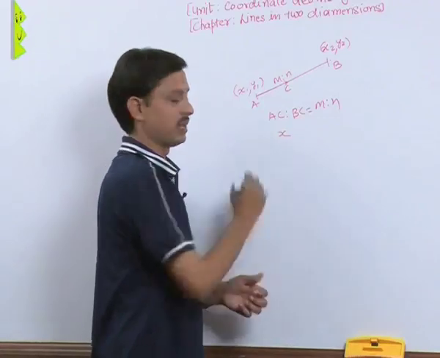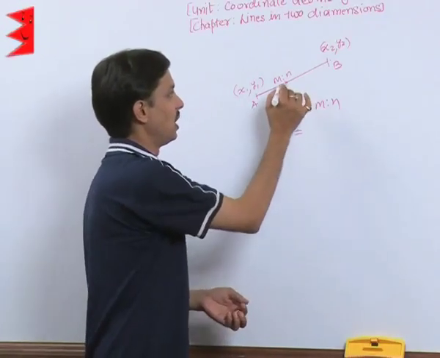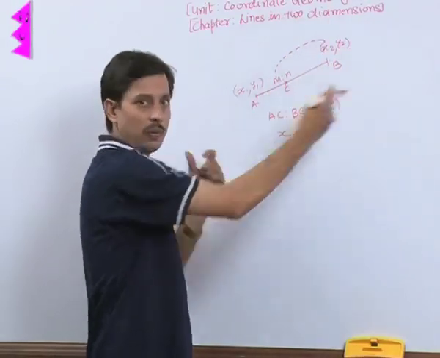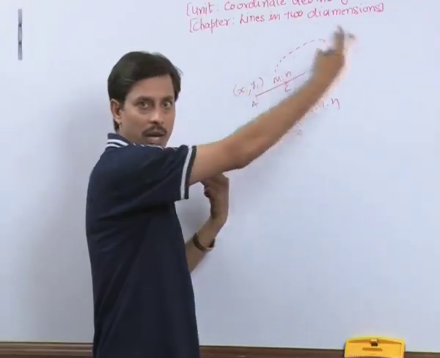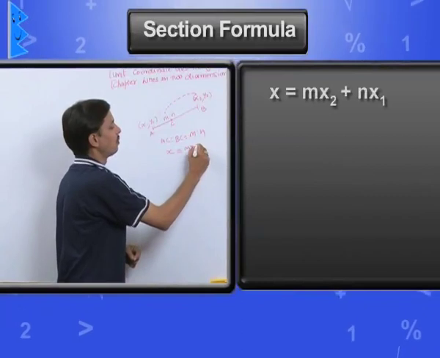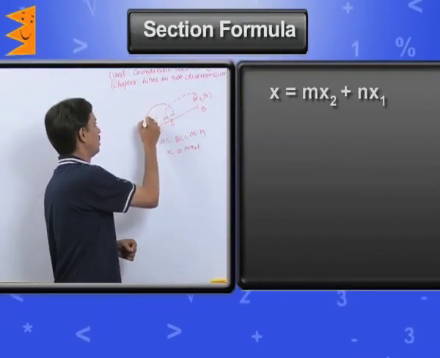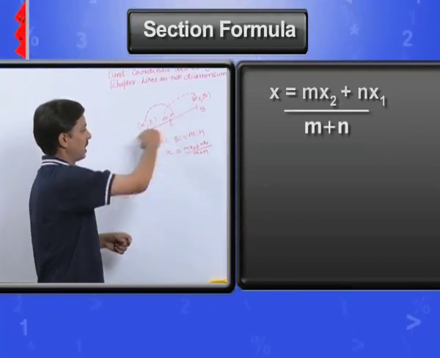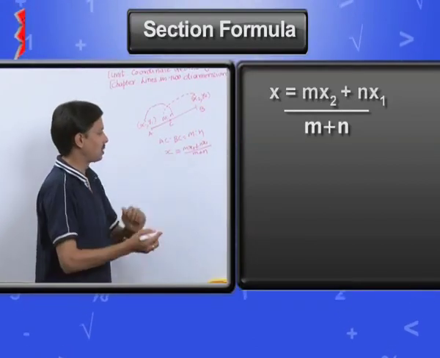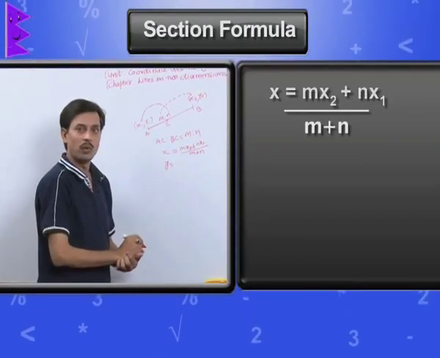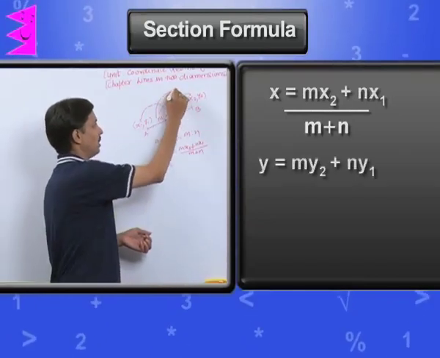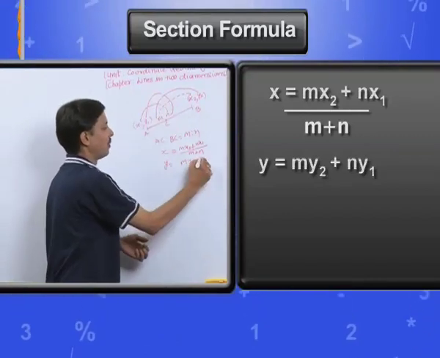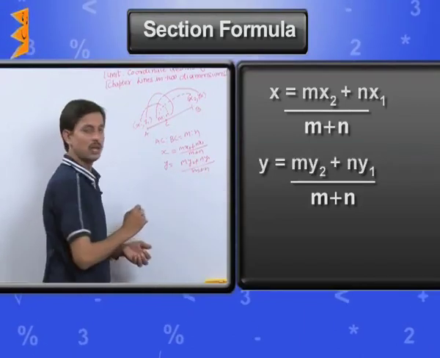Then to find x, that is the abscissa, the formula is mx2, that is the ratio of left side times the coordinate of right side, plus n times the coordinate of left side, that is nx1, upon m plus n. mx2 plus nx1 upon m plus n gives the value of x, and if you want to calculate y, we will go on the ordinates the same way: my2 plus ny1 upon m plus n.